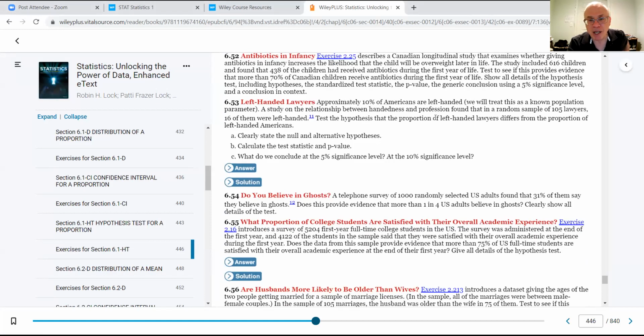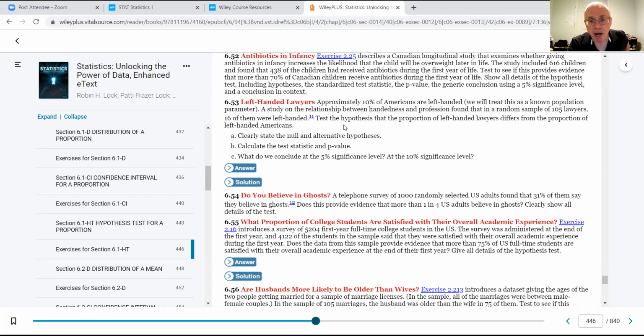So the actual population that we're interested in is the population of lawyers, and we're taking a random sample of 105 of these lawyers out of all lawyers that are in the U.S. Out of the 105 lawyers, 16 of them were left-handed, or the rest are right-handed, or maybe equal-handed. I don't know, but let's say that 16 were left-handed.